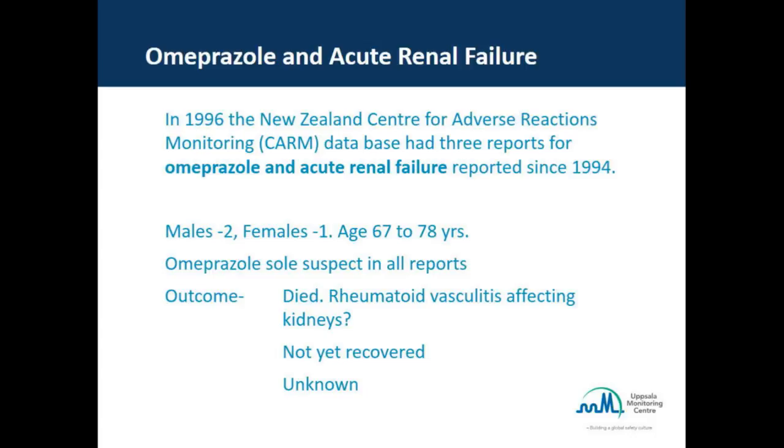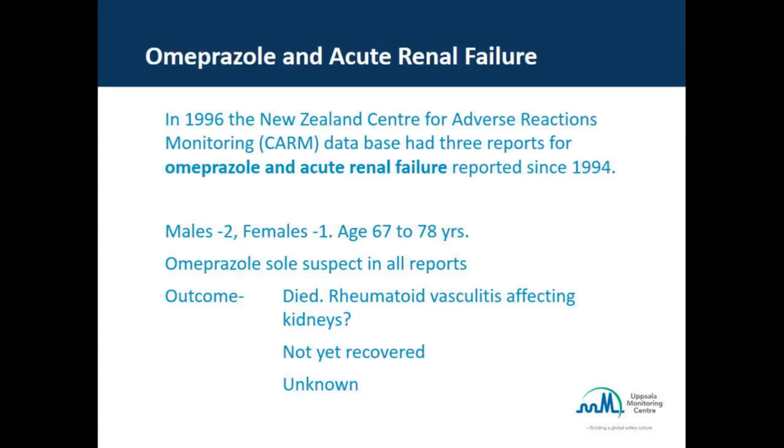In 1996, if we'd been screening, the very most simple way of screening is to say, let's look at reports when we have 3 of these reports for the first time. And there were 3 reports of omeprazole and acute renal failure, reported since 1994, so for 2 years.